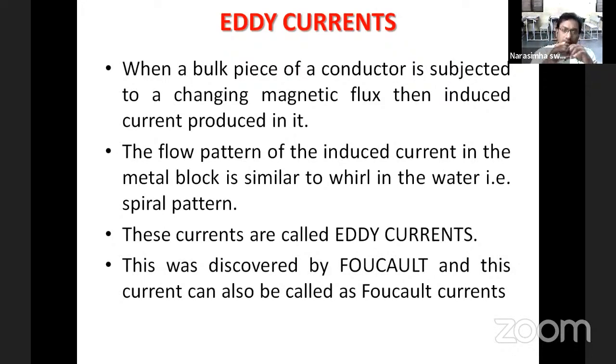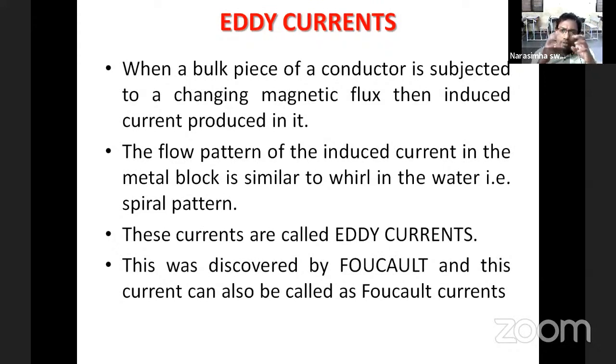Now we are applying the same thing in another manner: instead of a coil, if we consider a metallic block, a metallic plate, which simply has no direction, just like a block.